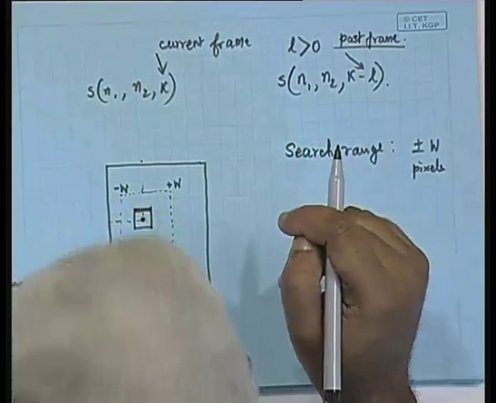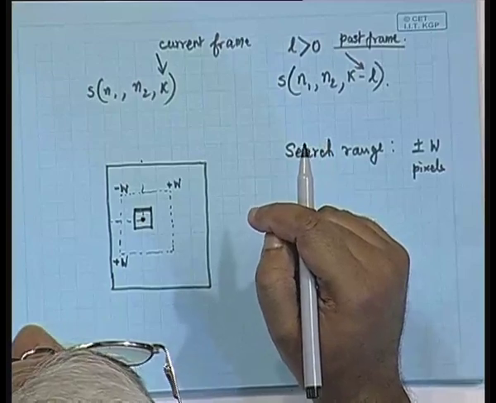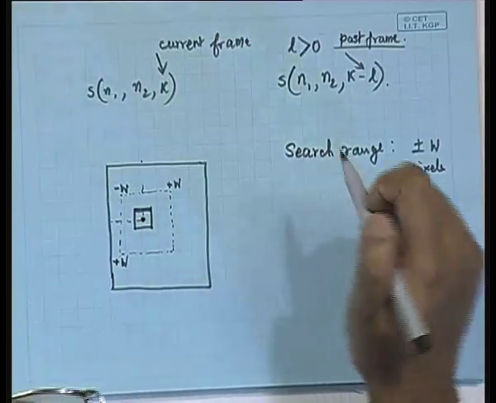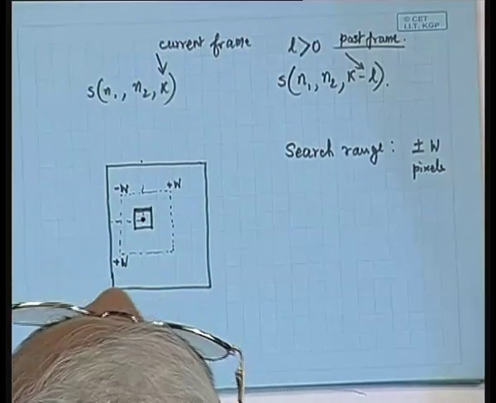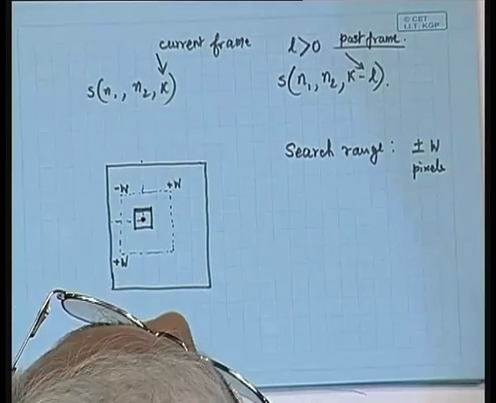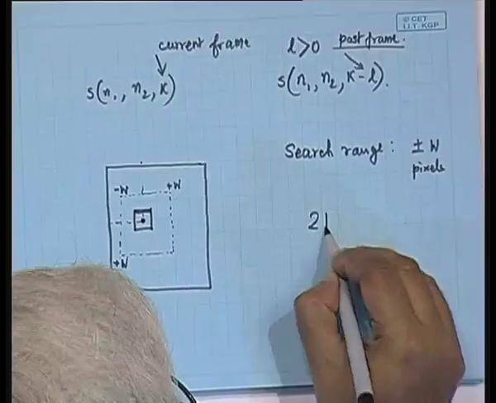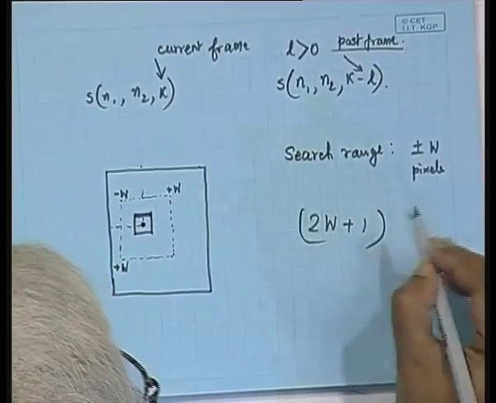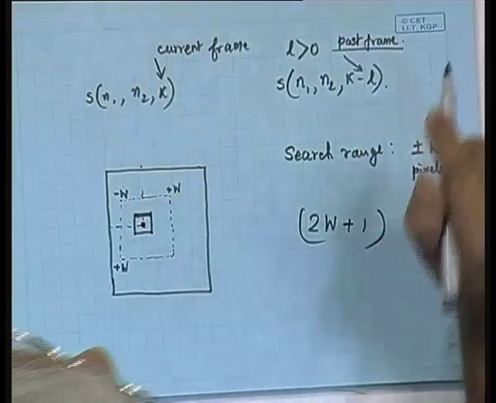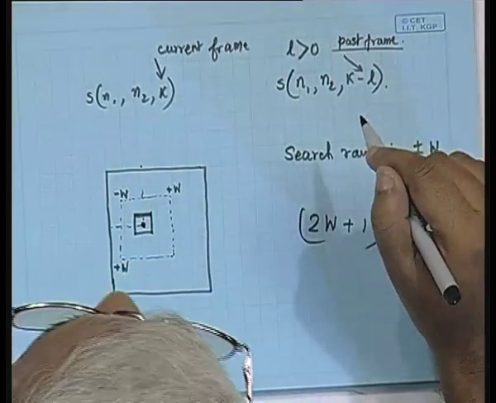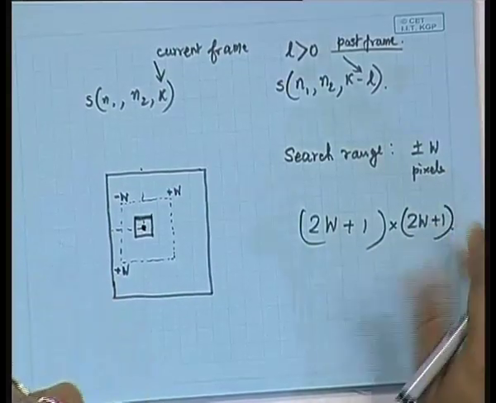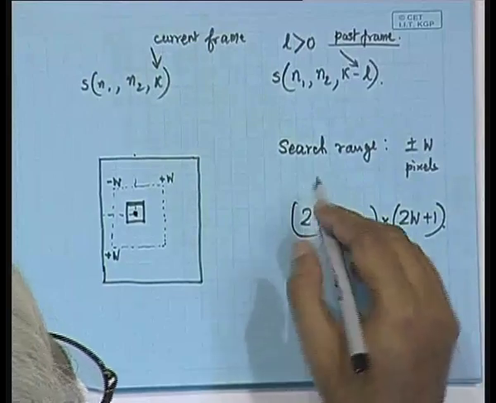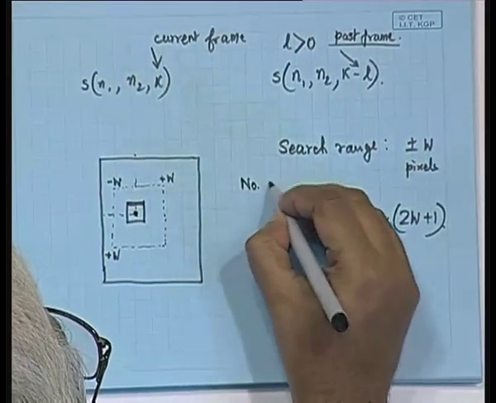So, what is the total number of search positions? It will be 2 w plus 1 by 2 w plus 1. And why plus 1? Because this center position is also a position to be searched. So, 2 w plus 1 into 2 w plus 1 is the number of search positions.